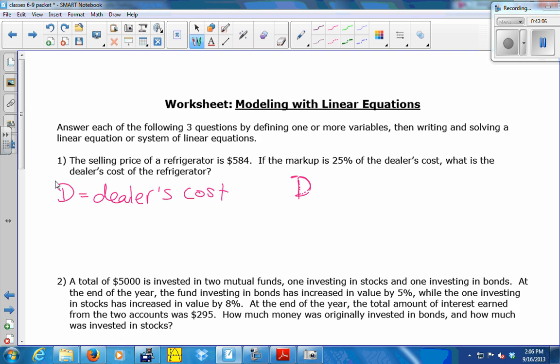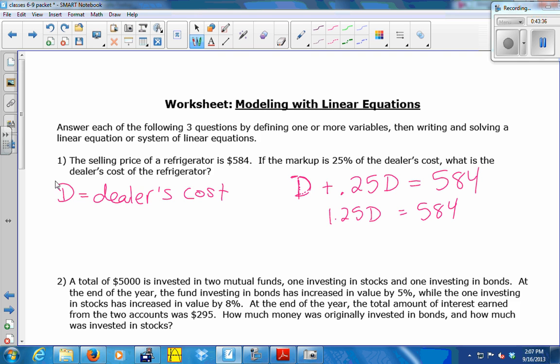They want to get all that money back, plus another 25% of D, so plus 0.25D. There's your 25% markup. That should equal the $584 selling price. And so we solve this equation, you get 1.25D. 1D plus a quarter D is 1 1/4 D's, equals 584.